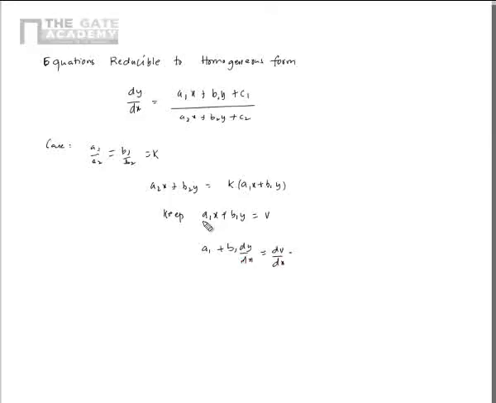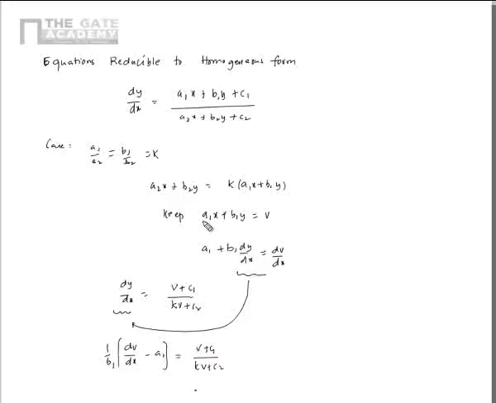Now substitute all this in the main equation. The main equation dy by dx is v plus c1 by kv plus c2, and dy by dx you can always substitute from this. So it will be basically dv by dx minus a1 by b1 is equal to v plus c1 by kv plus c2. So now use the variable separation method.